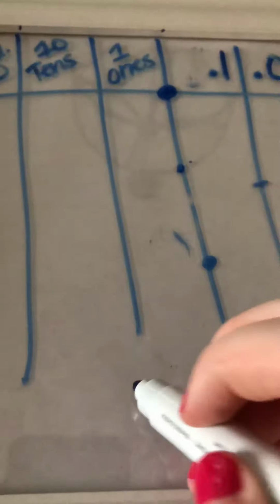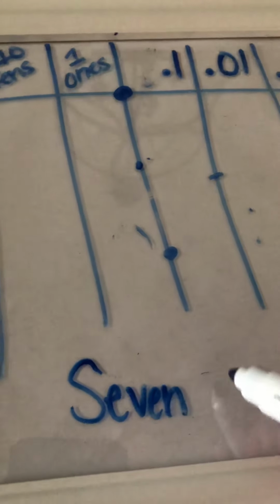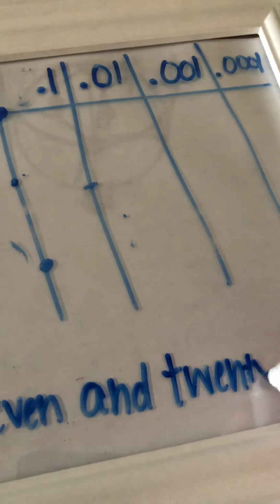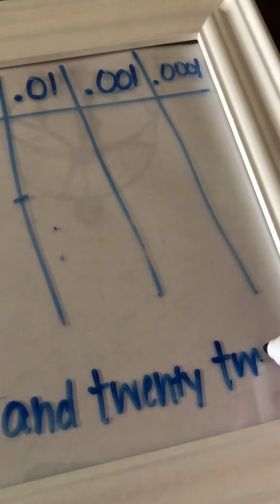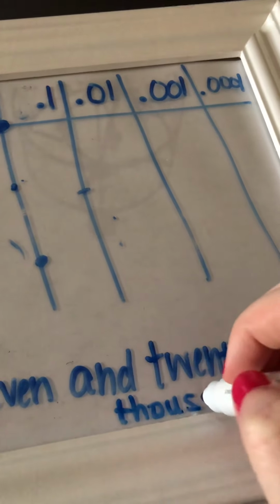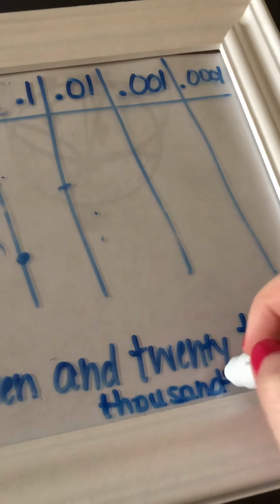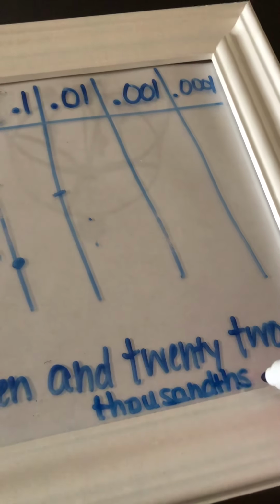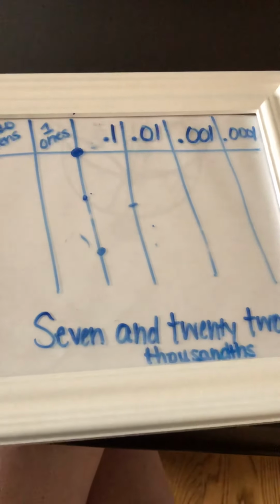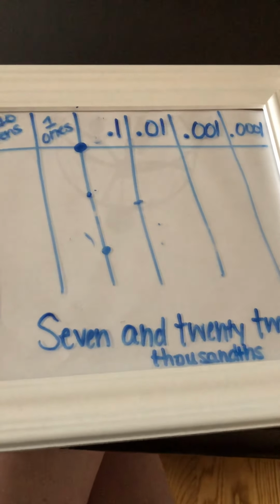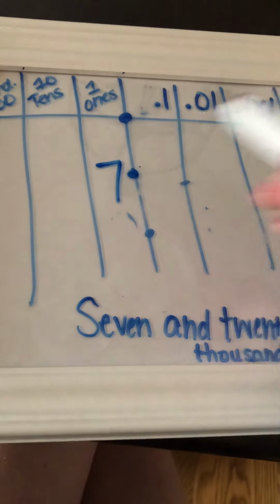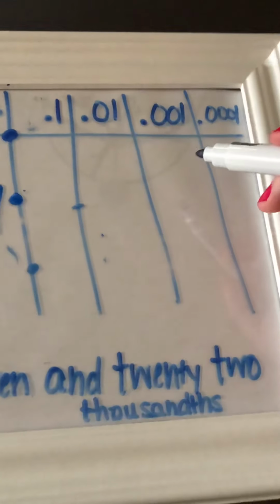So if you see 7 and 22, I'll make this one tough, thousandths, remember if it's a decimal, it's always going to have that THS at the end. Then 7 and, the 7 tells me and the and tells me that that goes in the ones place before the decimal. 7 and then we have 22 in the thousandths place.